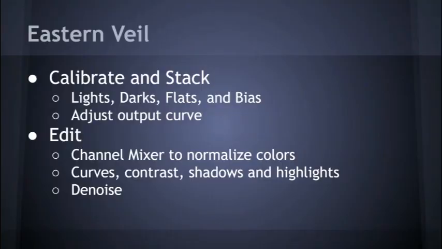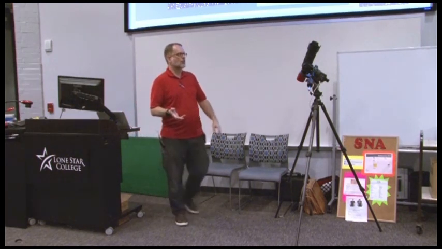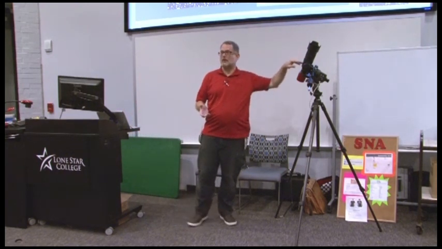Let me show you the channel mixer. So I select which channel I want to mix. So here's my red channel, and then red is at 100%. And that's usually when I shoot with this camera, red is the least color, green is the highest, and blue is kind of somewhere in between.